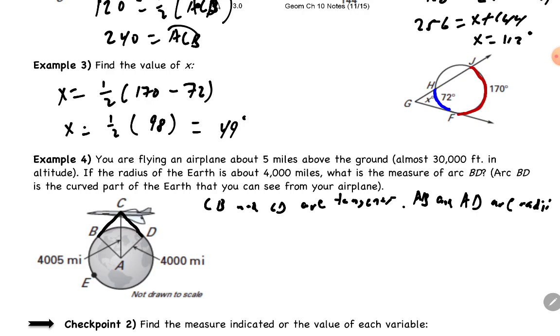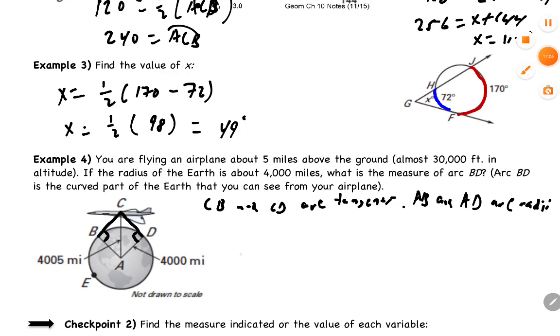So that means this is a right angle, and that's a right angle. That comes from them being tangents. So I have two right triangles and some distances.